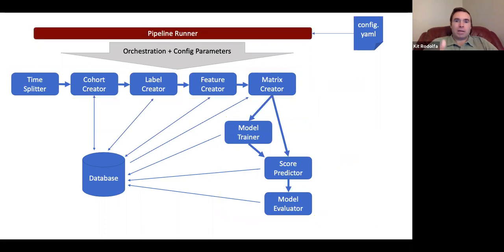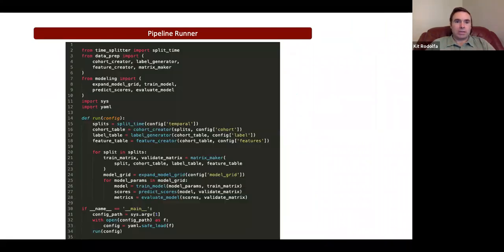So the pipeline runner piece itself can actually be very, very simple, and each of these pieces should be or can be pretty simple in their own right. But the runner is really just orchestration, matching configuration parameters to each of these functions and running them in order. So here's a perfectly reasonable functional example of that. Import all of the other pieces in your pipeline from the relevant files.